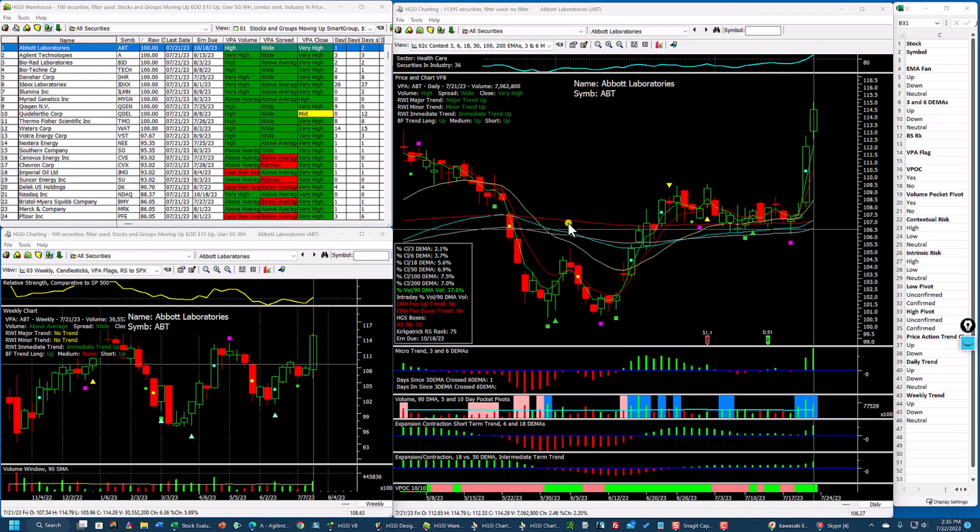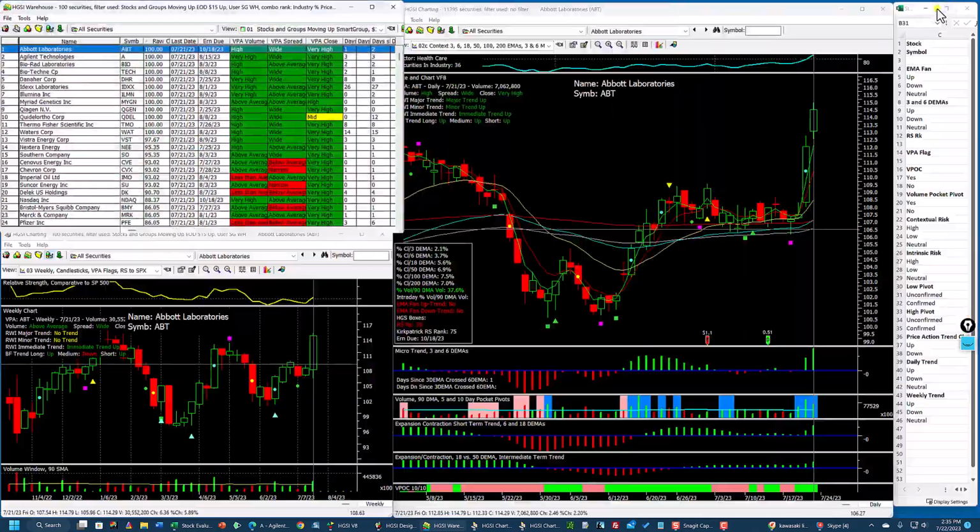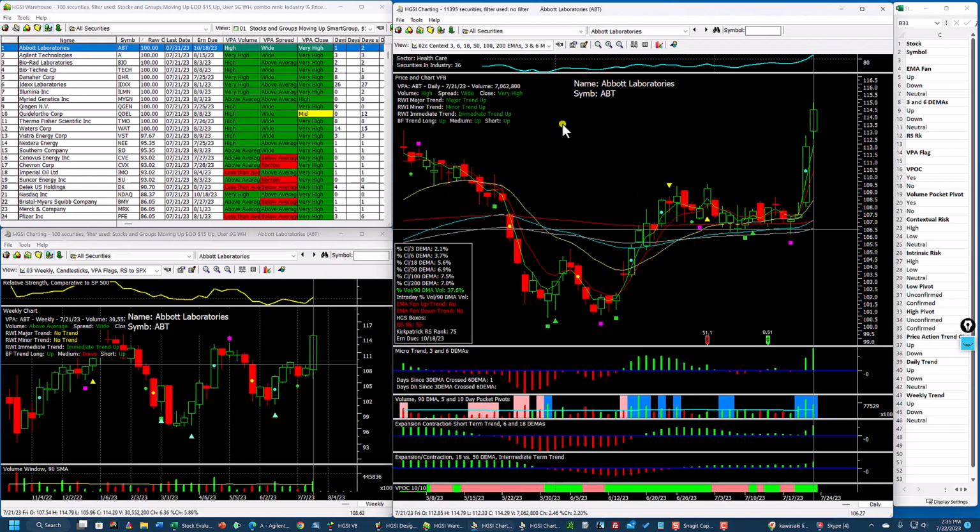This is a layout I'm going to be using at least for this session and maybe for subsequent sessions. I have the warehouse here, which I can expand and explain. Then I have a daily chart here. I have a weekly chart here.